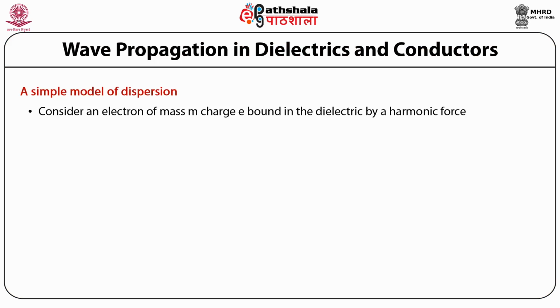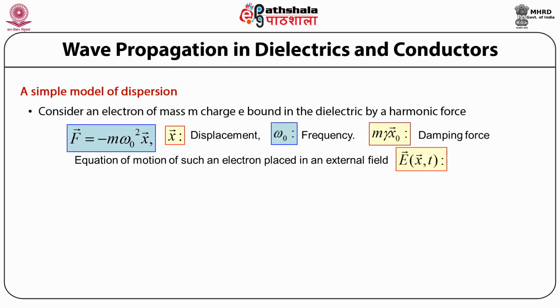Consider an electron of mass m and charge e bound in the dielectric by a harmonic force, that is F equals minus m omega naught square x. Here x is the displacement of the charge and omega naught is the frequency of oscillation about the equilibrium.